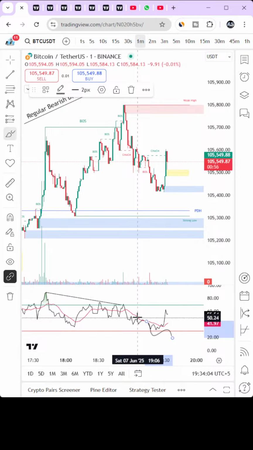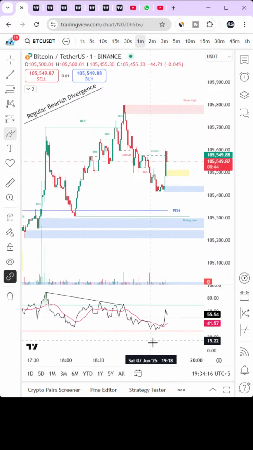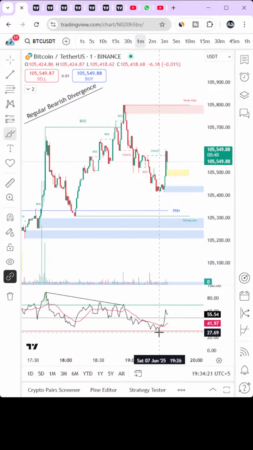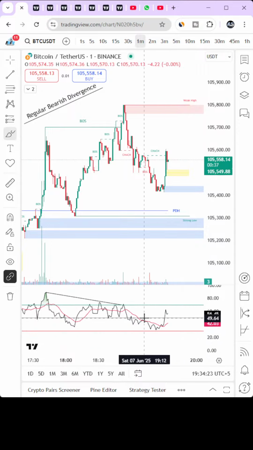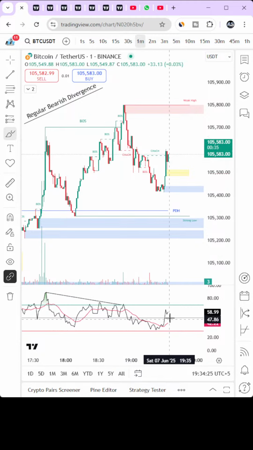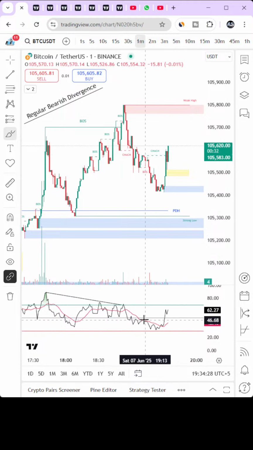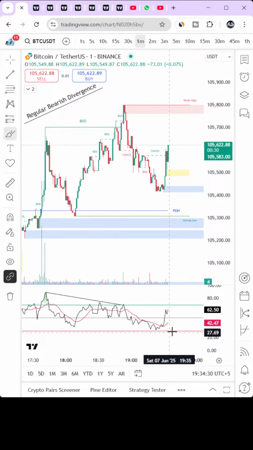Whenever the market has to go to the sell side, it has to create or close the black line under this 30 band level, but the black line has been rejected by the price, and RSI has shown some bullish pressure here. It means the ignorance of more selling at this level.